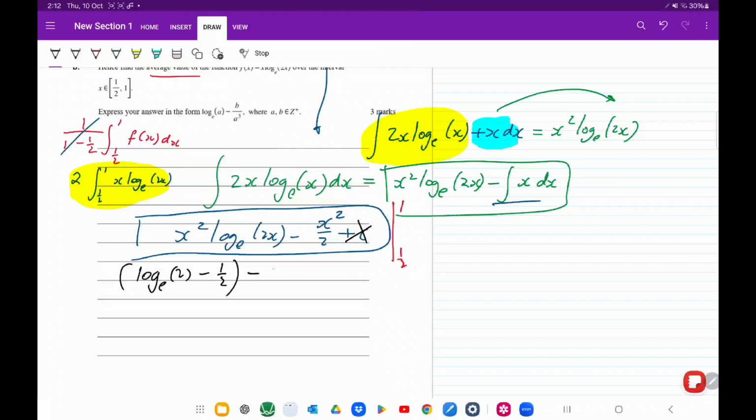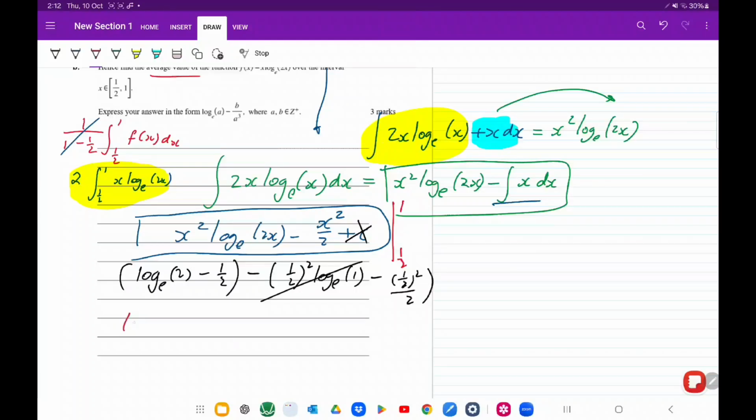Subtract half squared log e 1 minus half squared on 2. Whew. This crosses out because we are evaluating log 1, which is 0. Okay, and we can go to the next step.